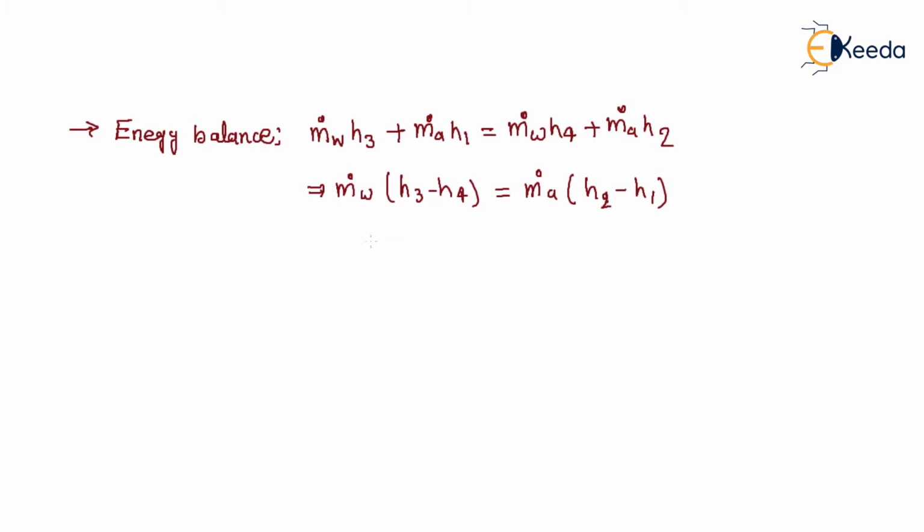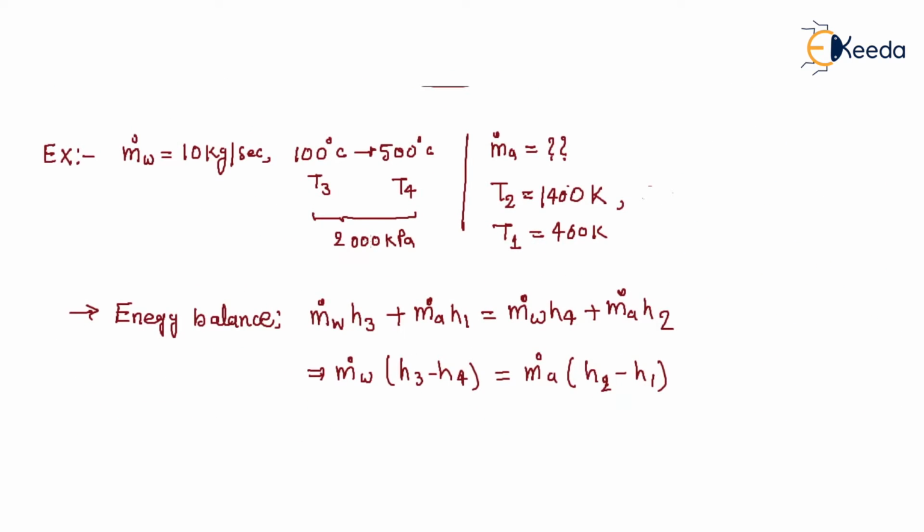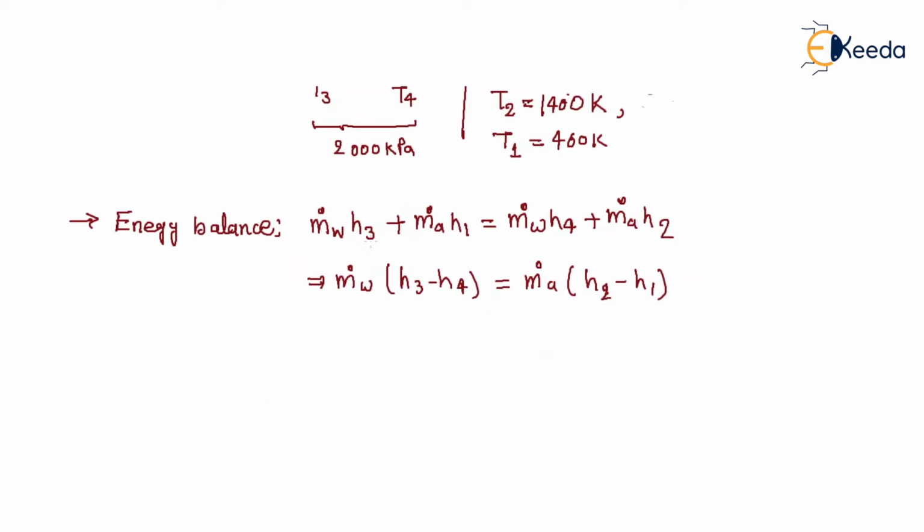So for air, this is H2. If you reverse in this manner, no problem: mass of water times H4 minus H3 equals mass of air times H1 minus H2. So what is H1 minus H2?